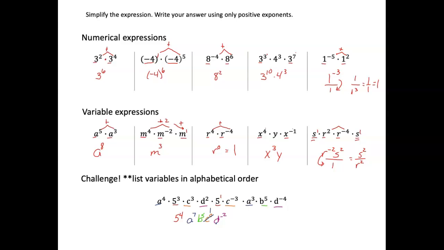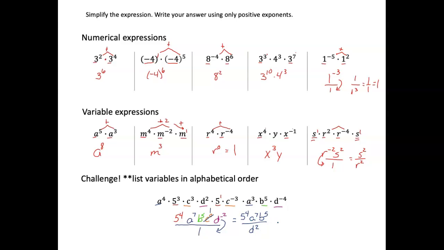And then I have this d to the negative 2. Cannot have that negative exponent. So I'm going to set this up as a fraction so that I can move across, I can divide out across this fraction bar and put the d to the 2nd in the denominator. So I'm going to keep this. I have 5 to the 4th, a to the 7th, b to the 5th, over d to the 2nd.